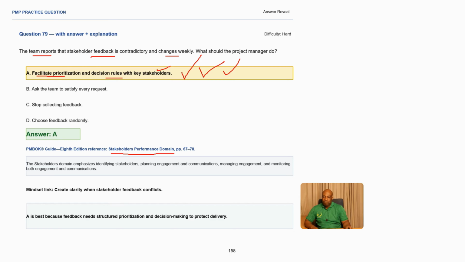The mindset applicable in this scenario is you need to create clarity when stakeholder feedback conflicts. If there's conflicting stakeholder feedback, you need to seek clarification from the stakeholders. Therefore, A is the best answer, because feedback needs structured prioritization and decision-making to protect delivery.